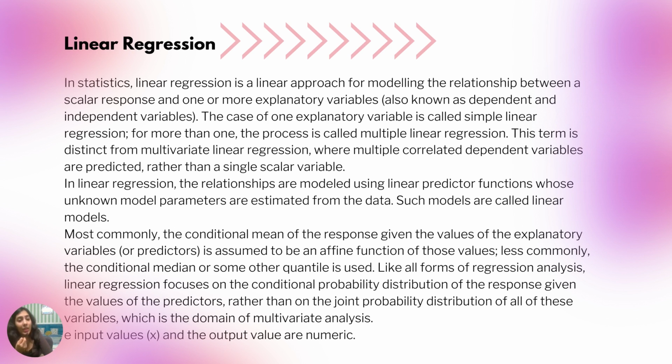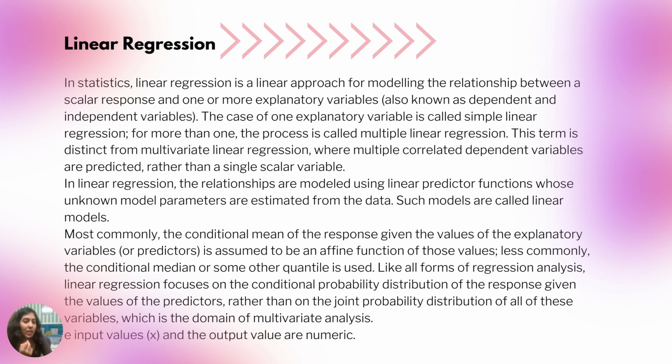Coming down to linear regression. In statistics, linear regression is a linear approach for modeling the relationship between a scalar response and one or more explanatory variables, also known as dependent and independent variables. The case of one explanatory variable is called simple linear regression; for more than one, the process is called multiple linear regression.